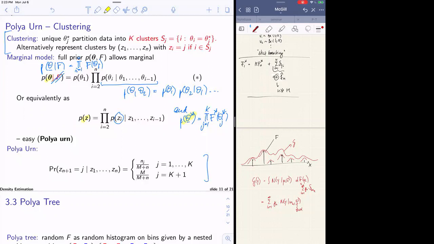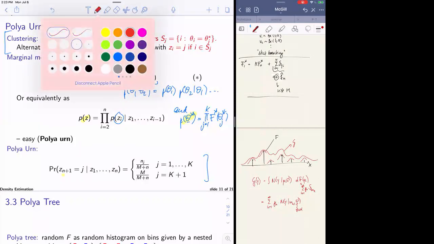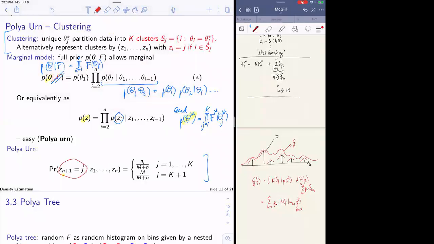That's because, remember the very first slide on the Dirichlet process, we generated the location of the atoms by IID draws from the base measure. And the conditionals for these cluster membership indicators, the probability of the next guy joining the j-th cluster is simply proportional to n_j.